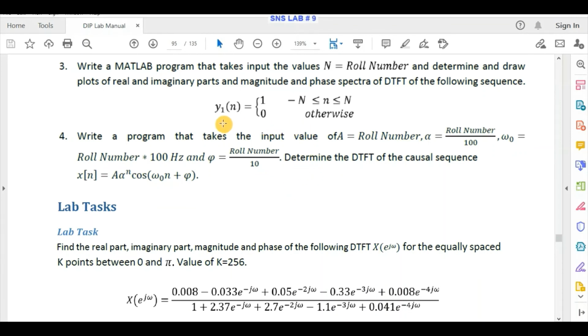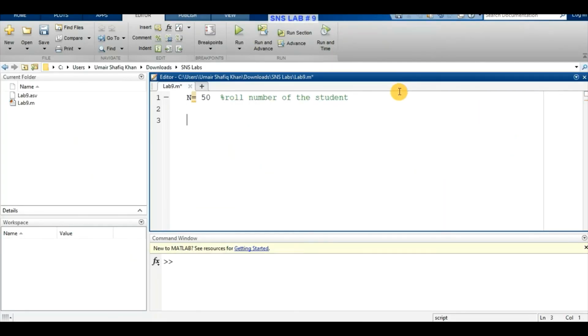So we need to find the DTFT of this signal. The range has been already defined. Now for where y of n is 1, range is from minus n to n. Let's say range will be n is equal to minus n to n, which will be minus 50 to 50 in this case.